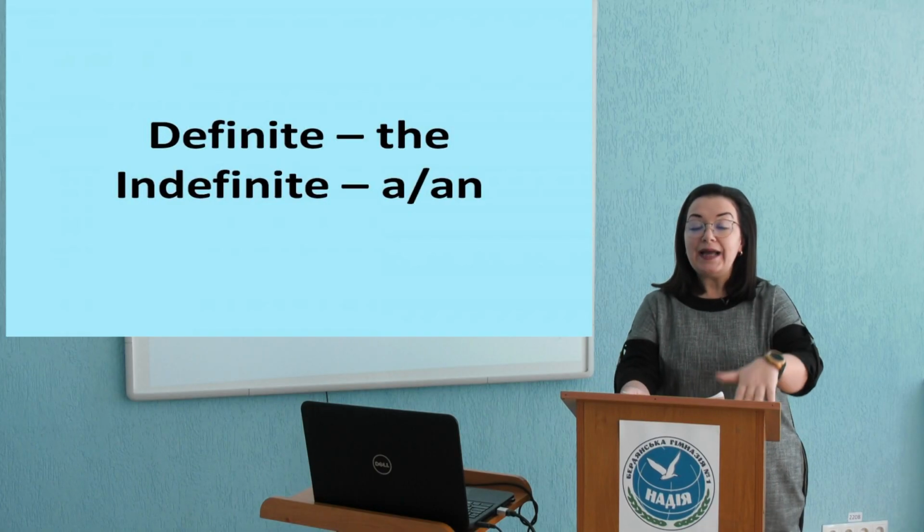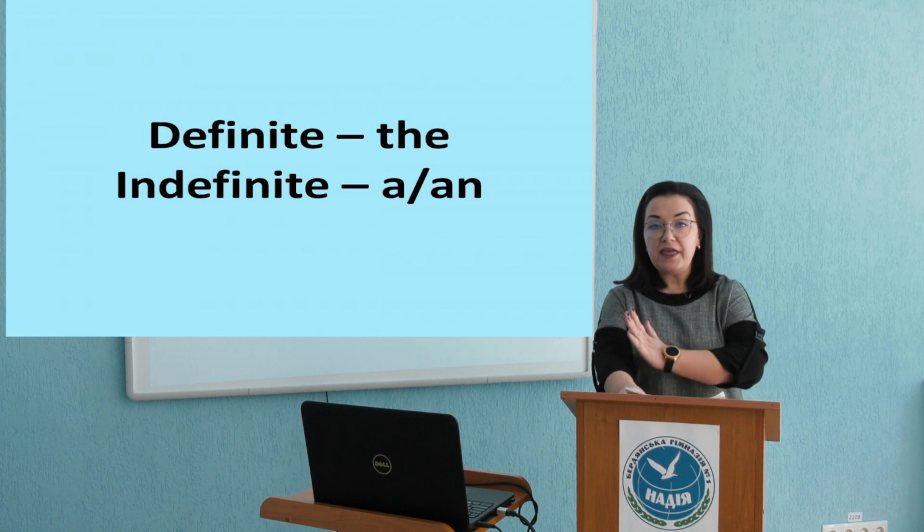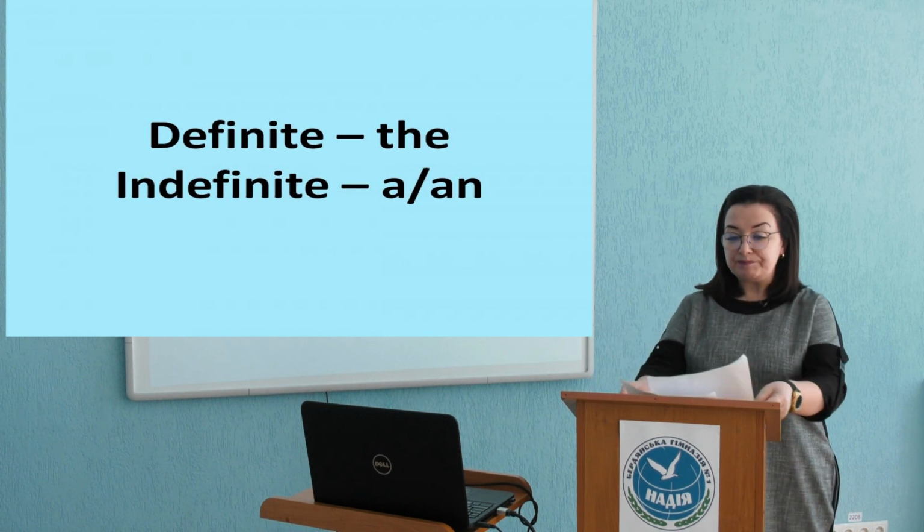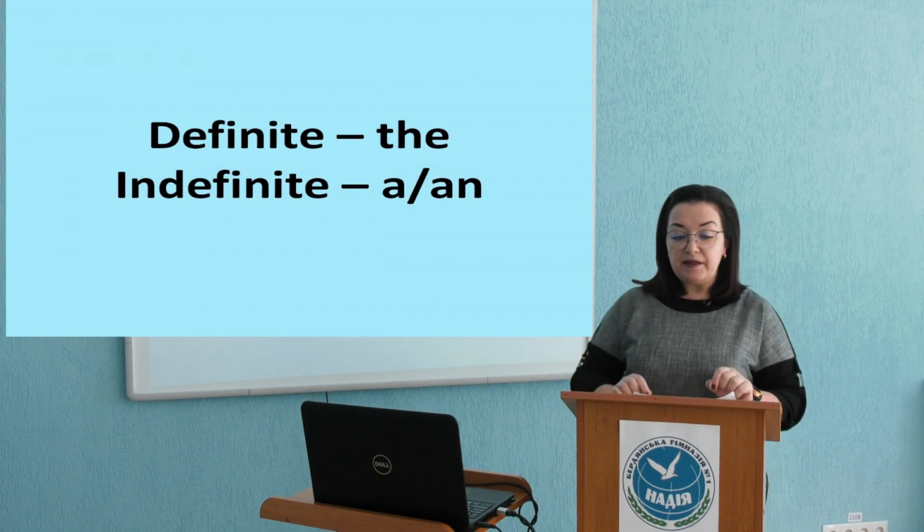We are going to talk about the definite article the and the indefinite article a or an. Remember that articles are used only with English nouns. Remember, nouns play an important role in your decision to use an article.